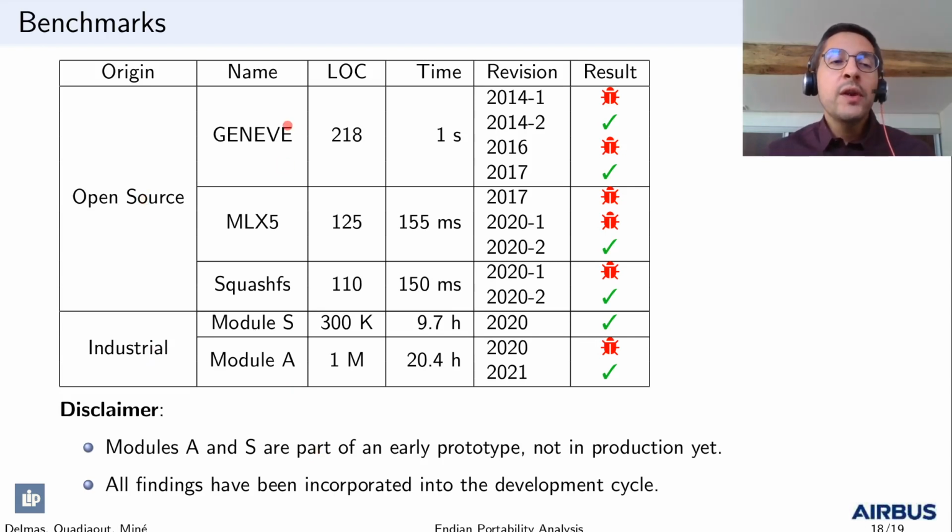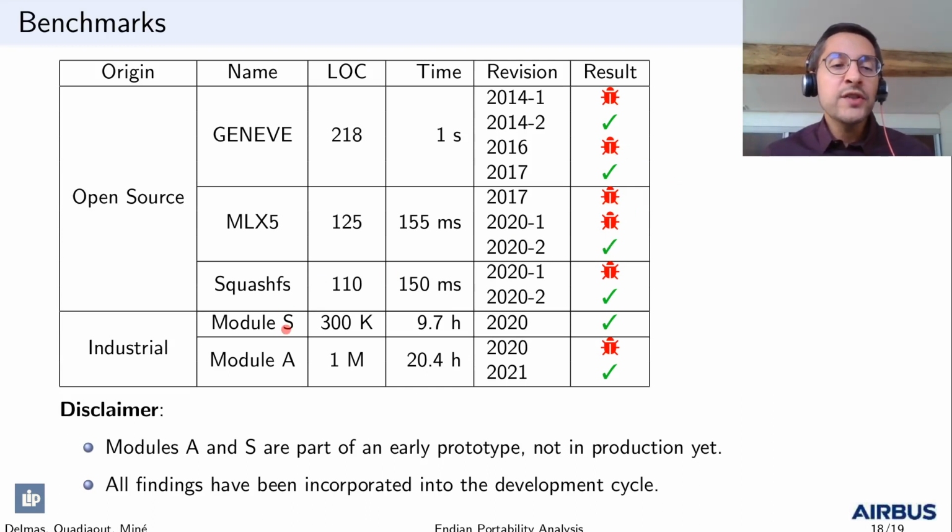We have chosen open source software projects available on GitHub with multiple patches related to Endian portability bugs. We analyze small slices using our specification primitives, and we are able to find all Endian portability bugs and to prove Endian portability where applicable.